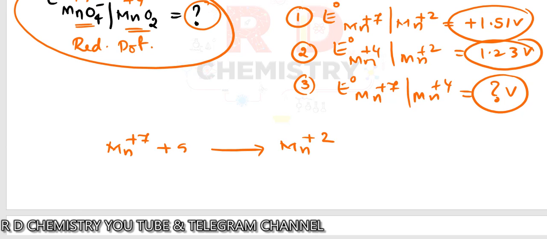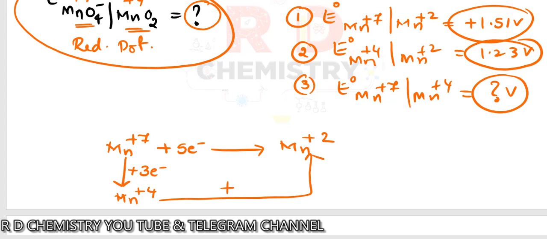It has to gain 5 electrons. Then the next highest oxidation state is plus 4. Mn plus 7 should become Mn plus 4. For that it has to take 3 more electrons, and Mn plus 4 should become Mn plus 2. For that it has to take 2 electrons for reduction.